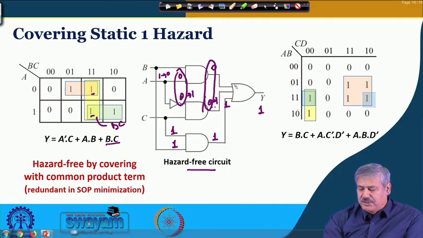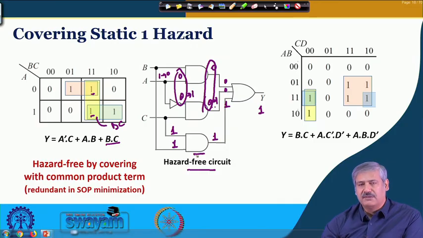But even if these two zeros are there, this 1 over here is suppressing the glitch that could have been there had this output not been there. Okay, this additional circuit.